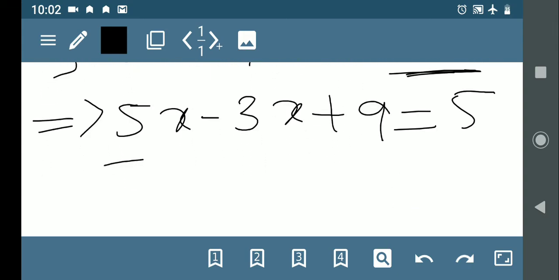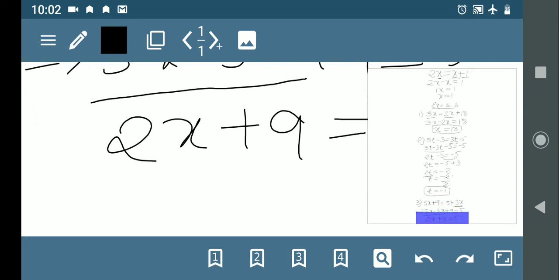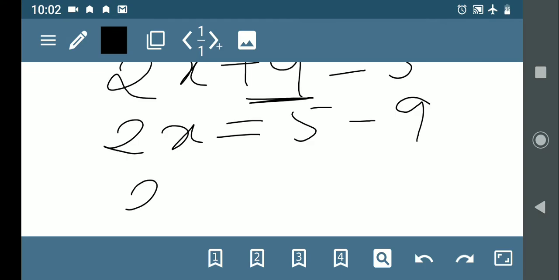So now 5x minus 3x is 2x plus 9 is equal to 5. 2x, first send your 9 to RHS, it becomes 5 minus 9. So 2x is equal to 5 minus 9, which is minus 4.